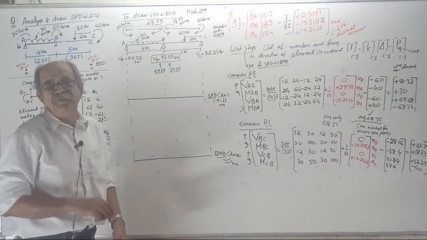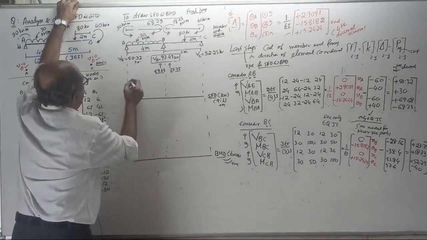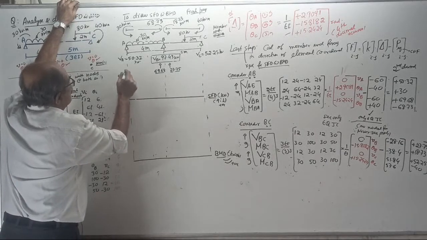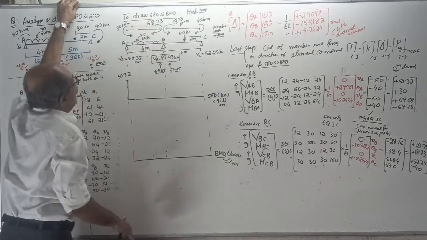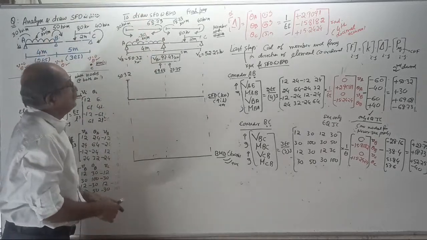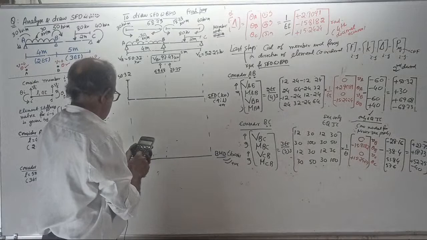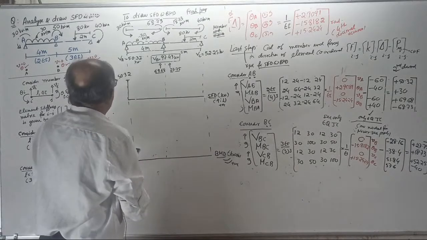Now, SFD. SFD I don't have to tell. Start from here. Go up by 50.32. From here to here, come down by 30 into 4, which is 120. Come down by 120. 50.32 minus 120 is 69.68.